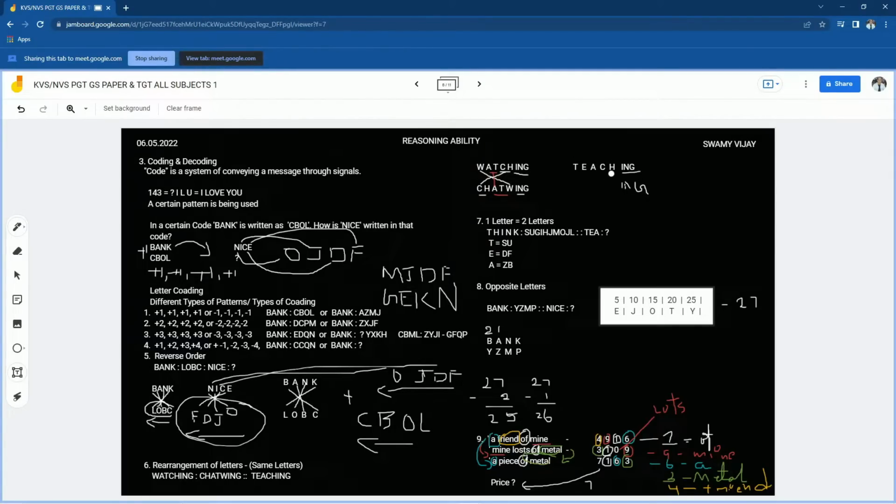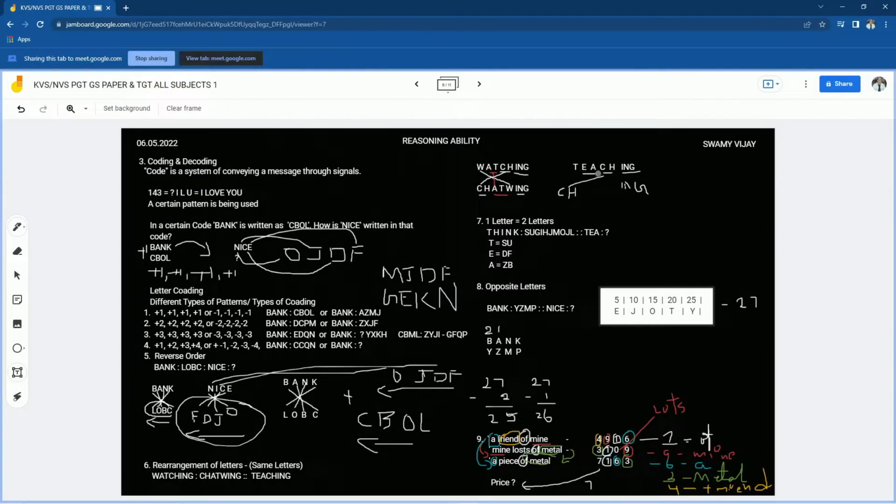Now tell me, there are 5 letters. How do you group them? So the letters CH, I brought them to the beginning. Okay. CH. Yes, sir. Then, sir, I rearranged the first 3 letters of the word TEACHING like EAT.